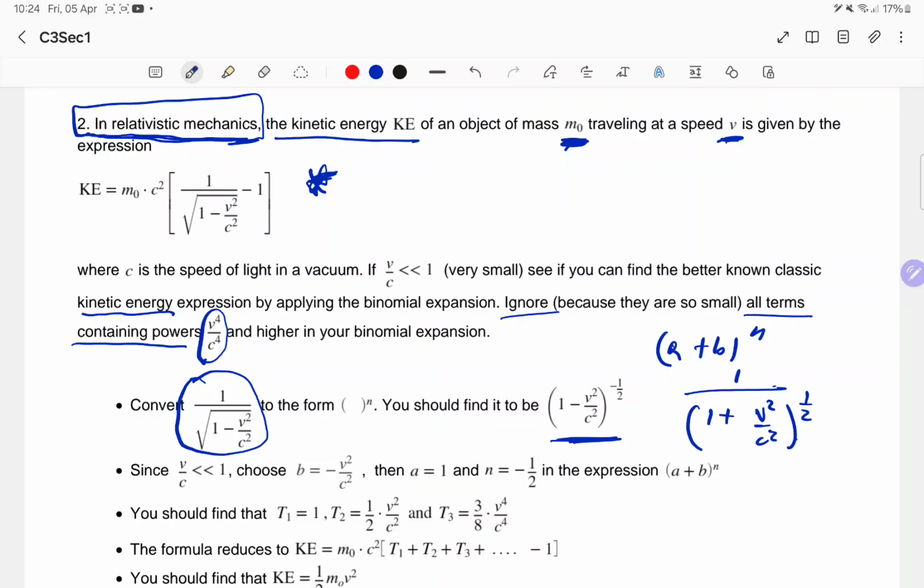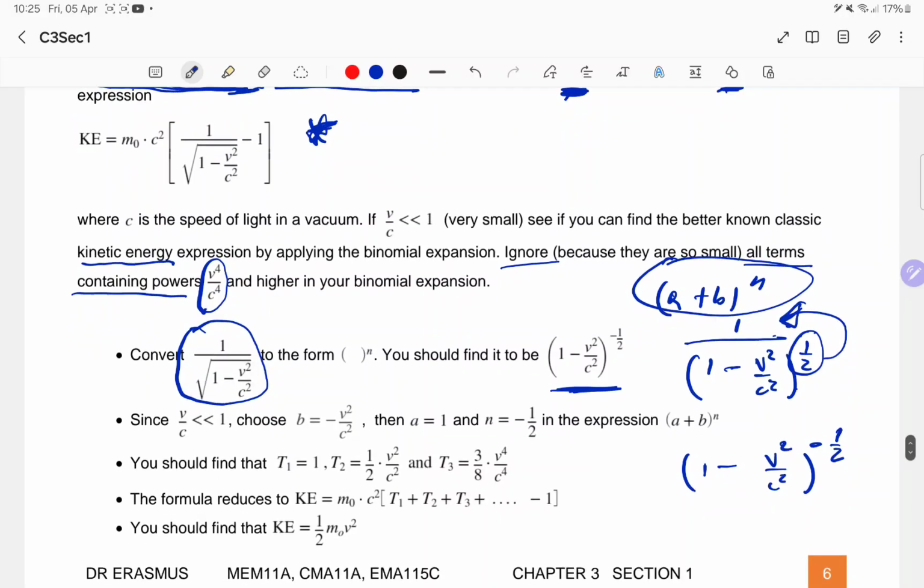Remember that you can express the square root as a power, so it's not a plus, it's a negative. Take this to your numerator, the sign for this will change. So you will have (1 minus v squared over c squared) raised to the power minus half. And you're done. It's in this form. So now we expand.